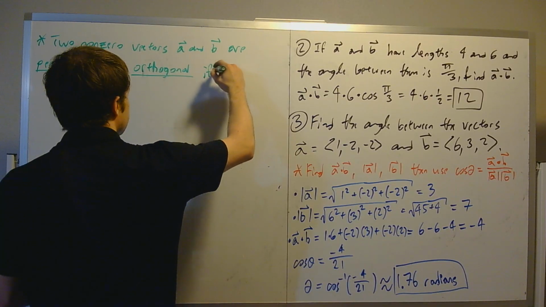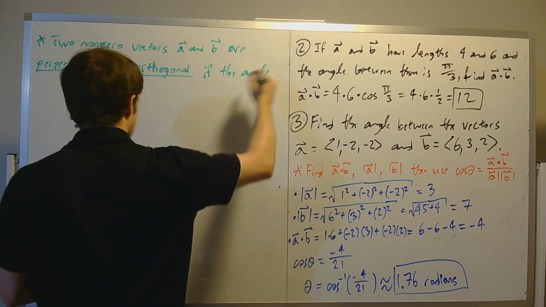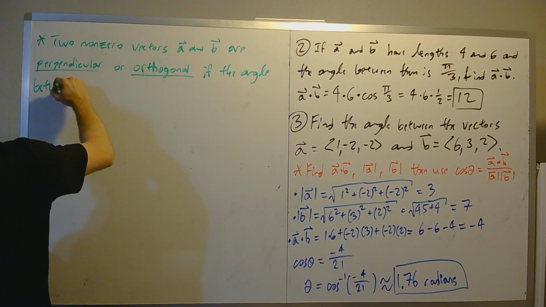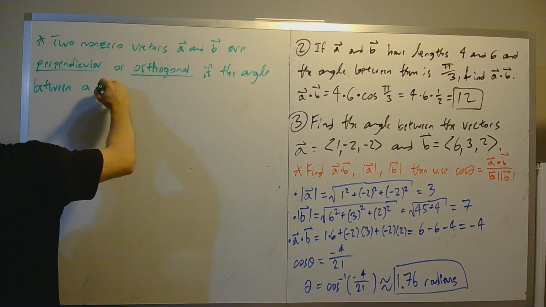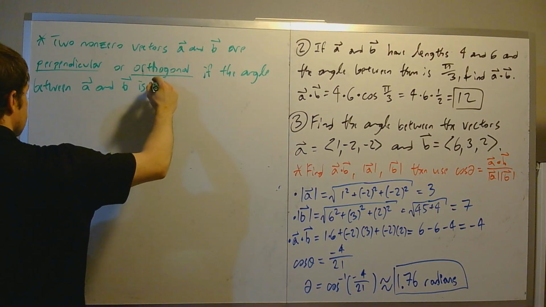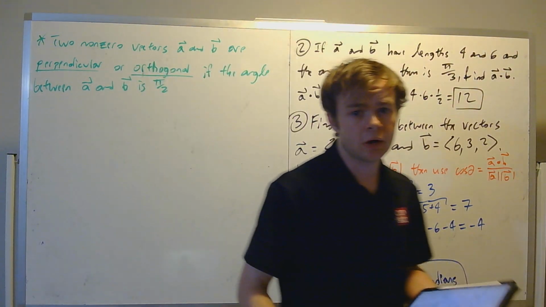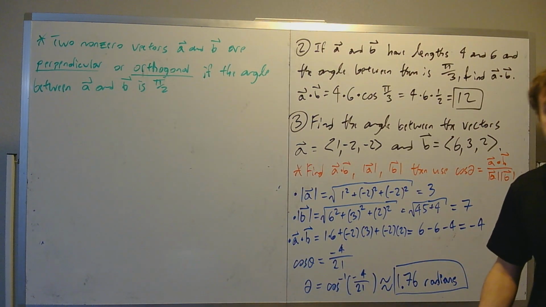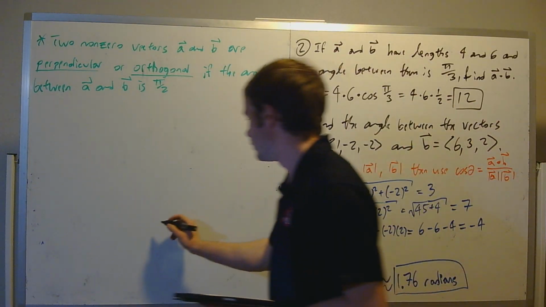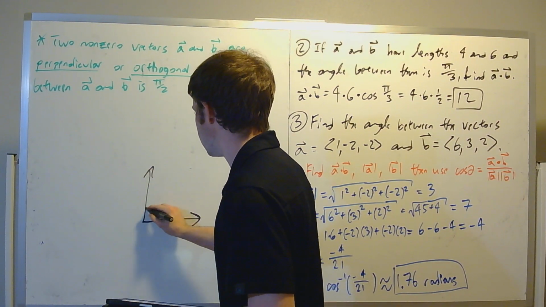If the angle between A and B is pi over 2. And remember that pi over 2 radians is the same thing as 90 degrees, right? So if we were to draw a right angle that's 90 degrees, it has two arrows that look like this.